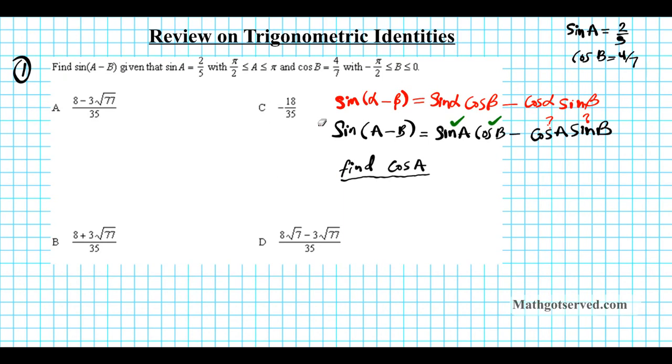Well, we can use the Pythagorean identity to find cosine A from sine A. The Pythagorean identity I'm going to use is cosine A equals plus or minus the square root of 1 minus sine squared A. Okay?